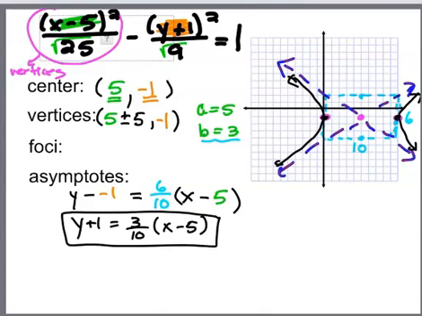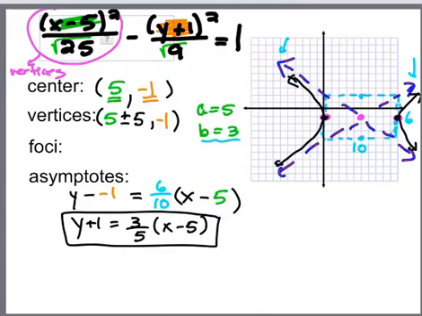And if I distributed this, this is supposed to be a 5. If I distributed this 3/5 and subtracted the 1, I would get an equation for this line, an equation for that line. But usually we just leave it like that, right?